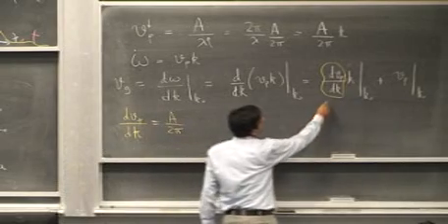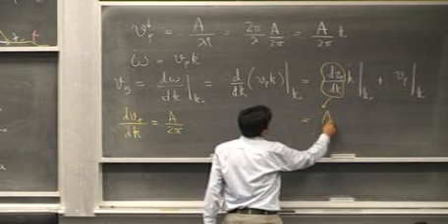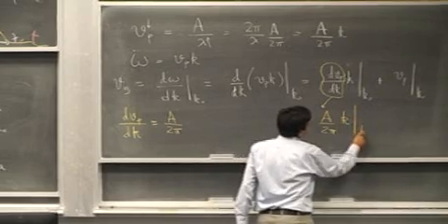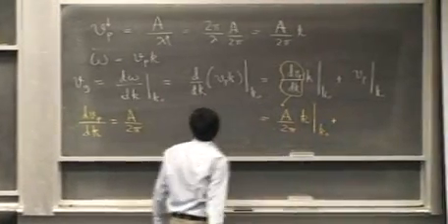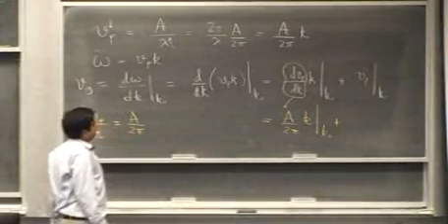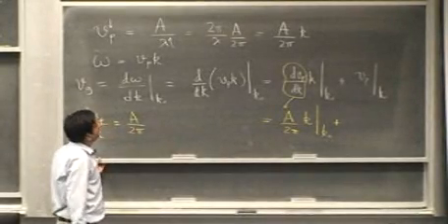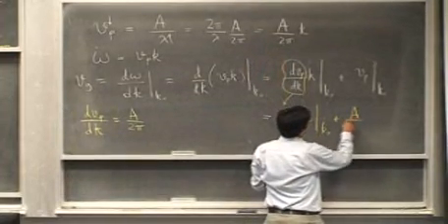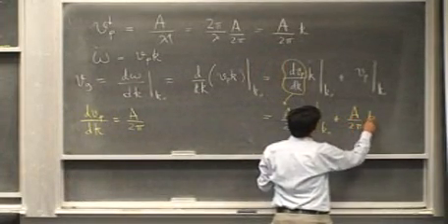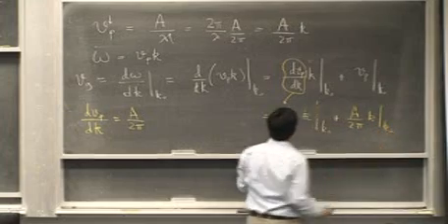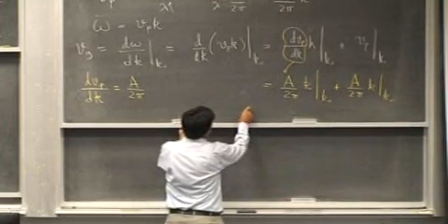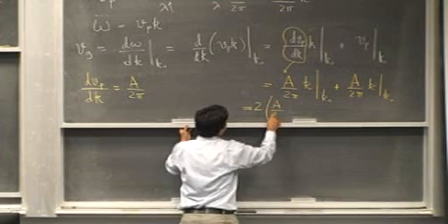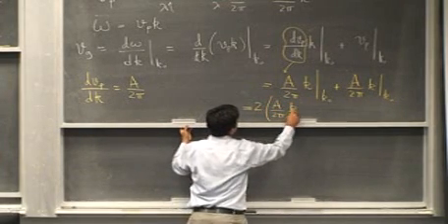So this number is a over 2 pi multiplied by k evaluated at k naught plus Vp. Now what is Vp at k naught? Vp is just a over 2 pi times k naught. So this is my group velocity: 2 times a over 2 pi k naught.